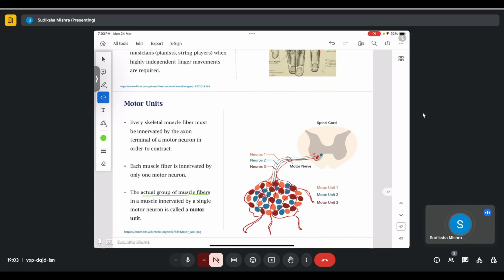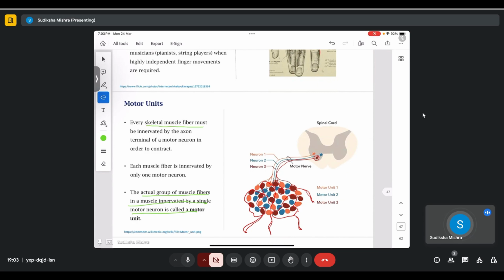So it is essentially a group of muscle fibers in a muscle innervated by a single neuron which arises from the spinal cord.